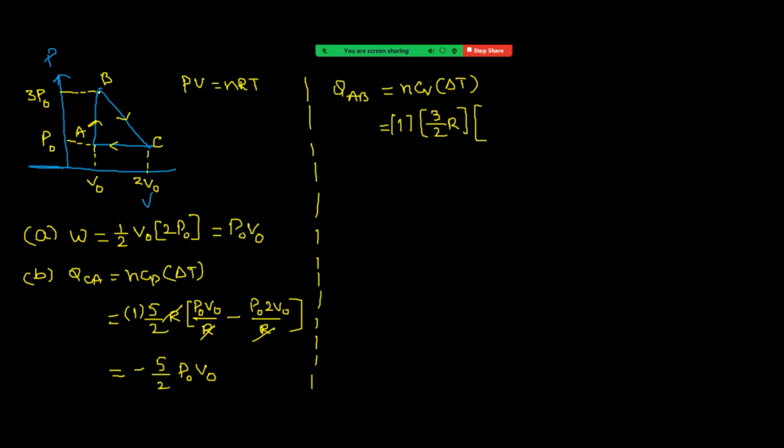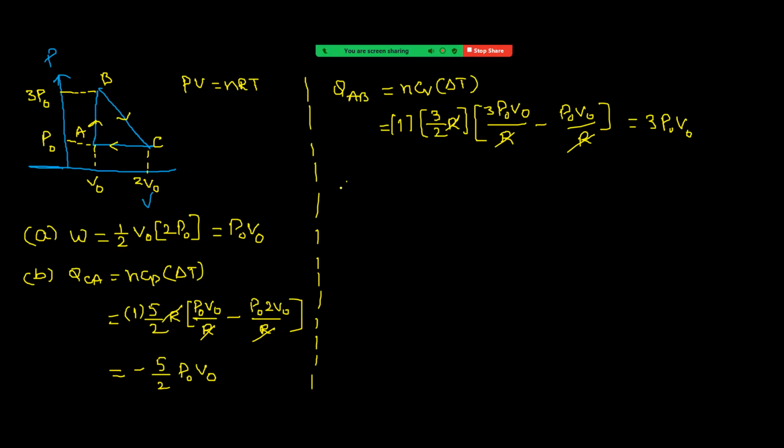It is A to B, the final value 3 P naught V naught by nR, n is 1, minus the initial value P naught V naught by R. That means see how much we get. 3 minus 1, it is 2. The 2 and 2 get cancelled and R gets cancelled. It is equal to 3 P naught V naught. That is now the heat absorbed.